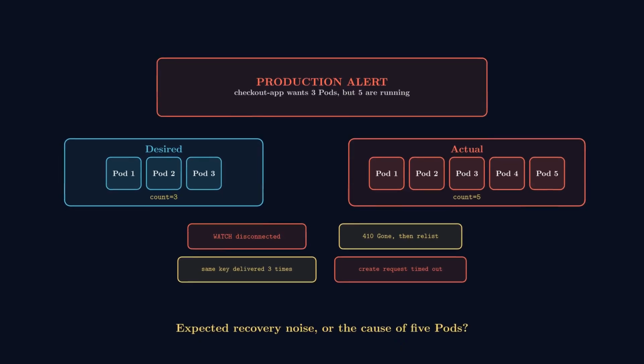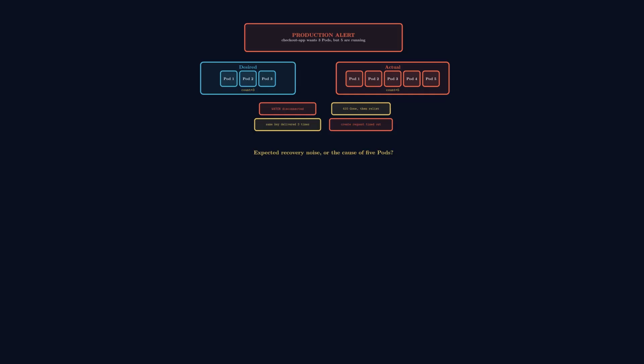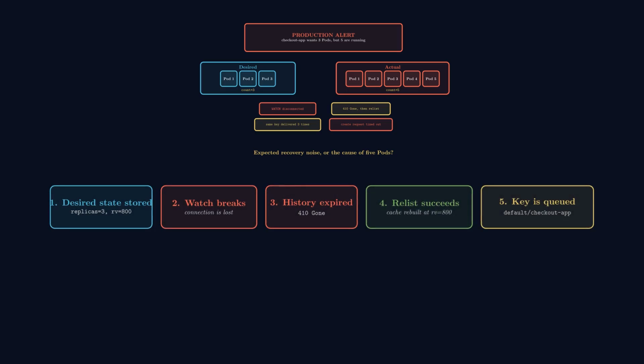This incident brings together many ideas from the earlier episodes. The API server had already saved the desired number of pods as 3 at resource version 800. Later, the watch connection was lost. Because the older change history was no longer available, the reflector fetched a fresh copy of the current state and rebuilt the local cache.